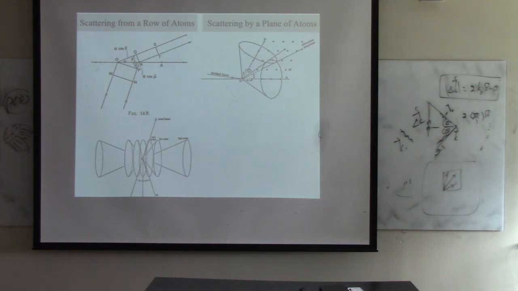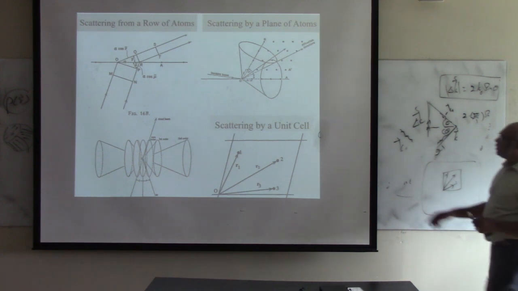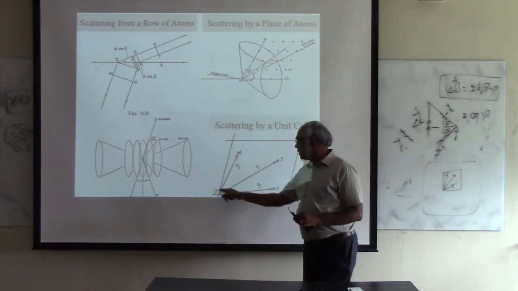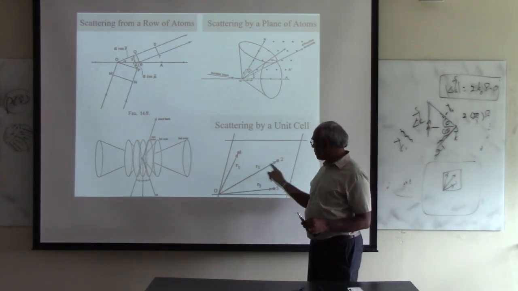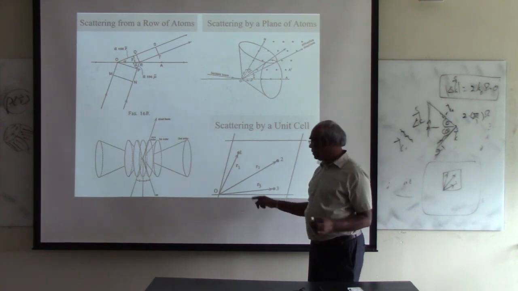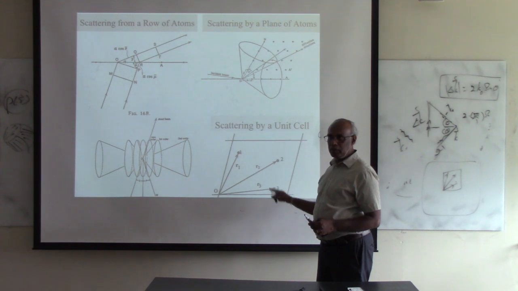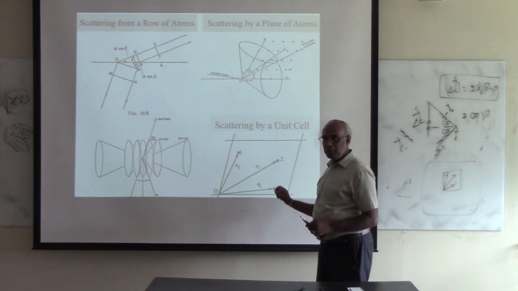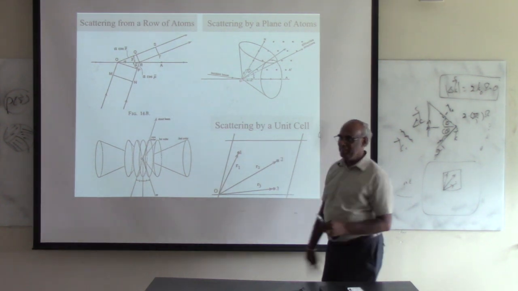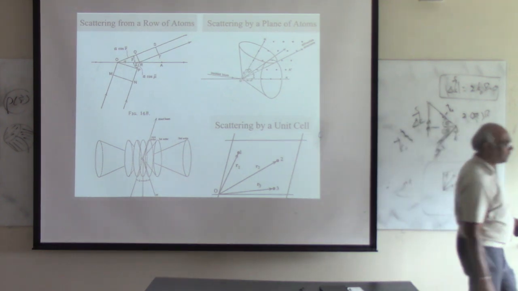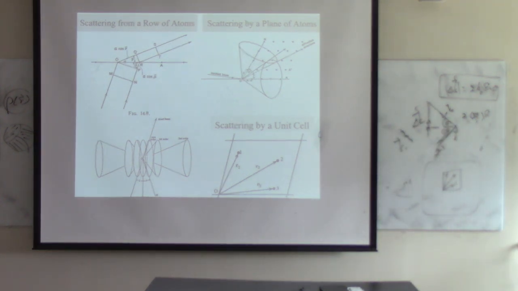That's the whole approach. So this is what we are going to do, scattering by a unit cell. If you consider a unit cell, you have an origin, then suppose this is a 3-atom basis, right? You just consider the scattering from each atom. But we know how to calculate from each atom. That's also complicated, right? So that's the approach. Typically, you only consider one unit cell contribution.